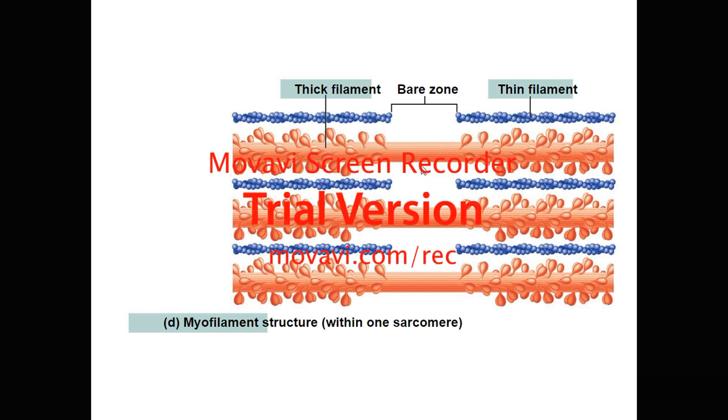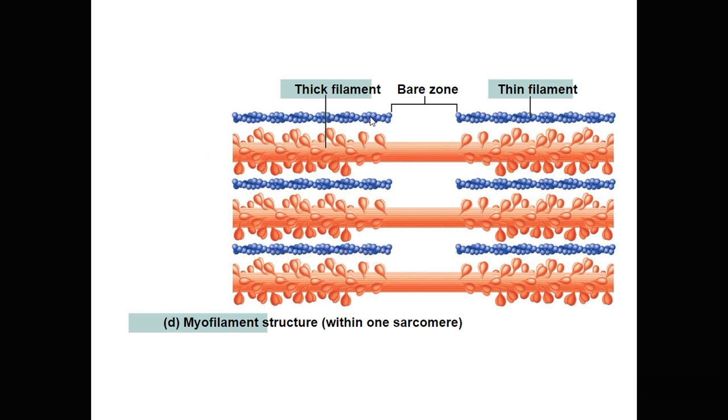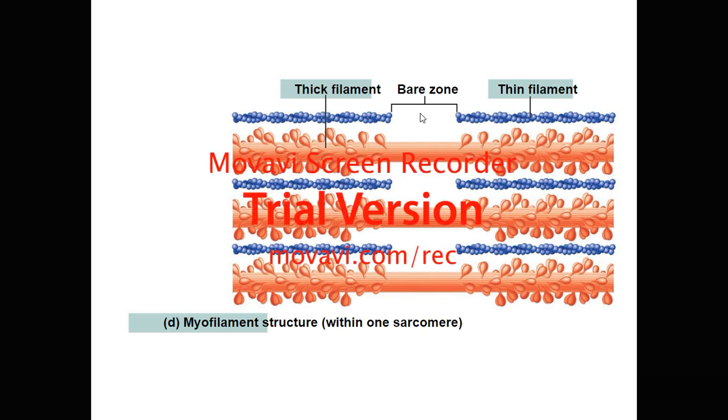But then when a contraction occurs, these myosin heads are going to bind the thin filaments, and it's going to cause the thin filaments to slide toward the center. The thin filaments are going to slide toward each other, and it's going to cause this H zone to disappear.